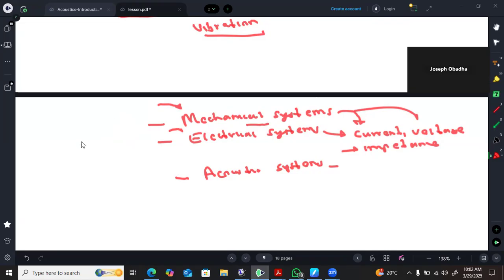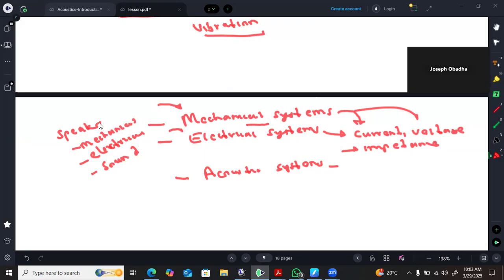If, for example, you take a simple speaker, you would have the mechanical movements involved, there are electrical variables involved, because the mechanical movement is caused by electrical. Then there's the sound element that we convert to the electrical. You can see that there is an interplay between all these variables.